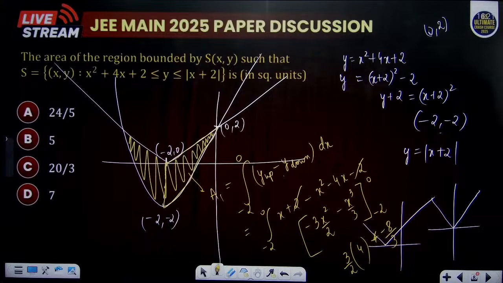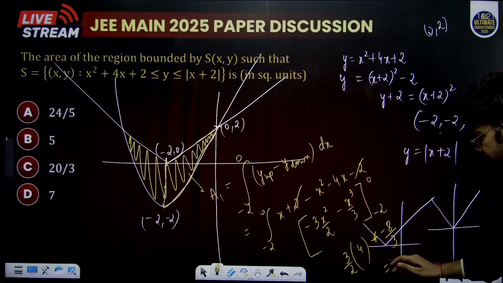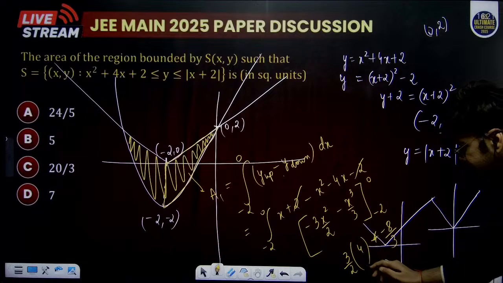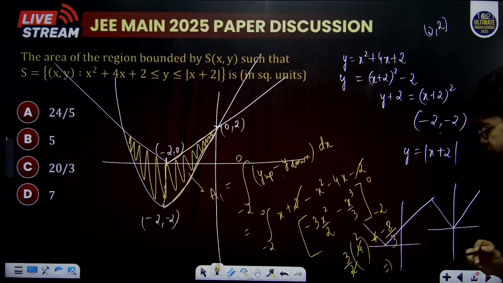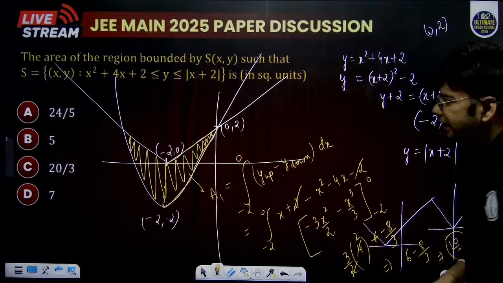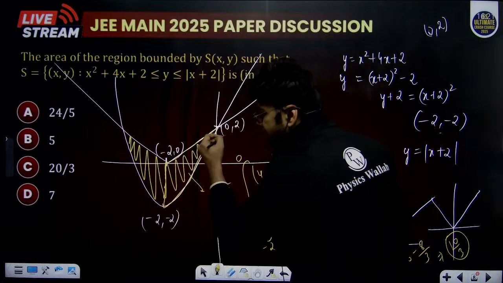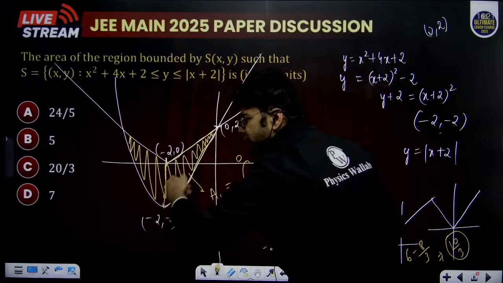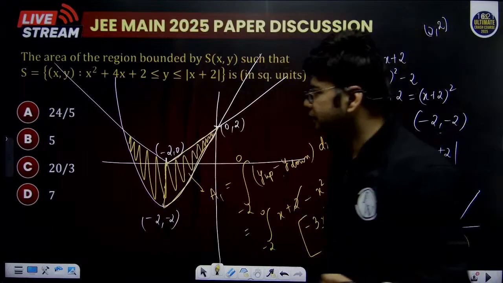Something like this is what I'm getting. So this is coming out as 6 minus 8 by 3. So this is 10 by 3. 10 by 3 is the area of this particular region. So the area of the entire region will be 20 by 3.